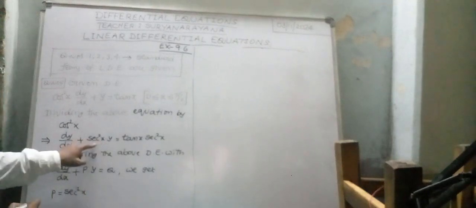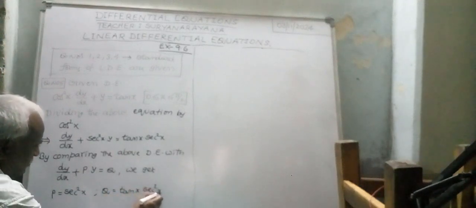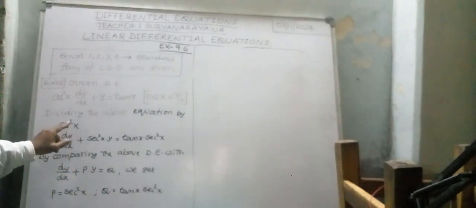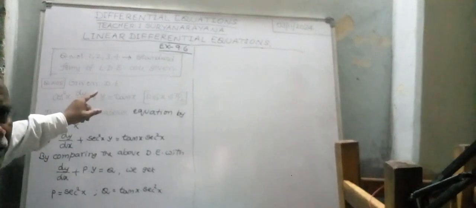P is the y coefficient, that is secant square x, and q is equal to tan x into secant square x. So this is the first step. In questions 1, 2, 3, 4 the equations were themselves in the standard form.